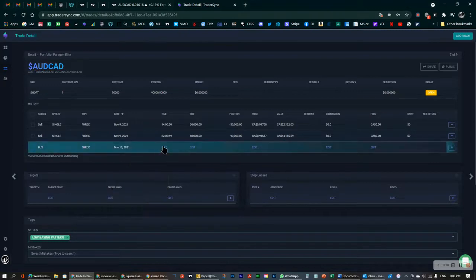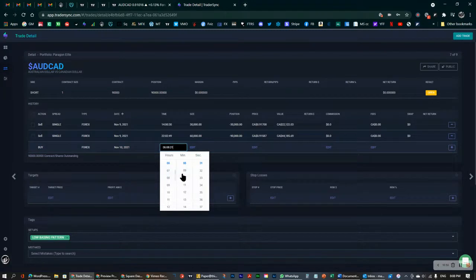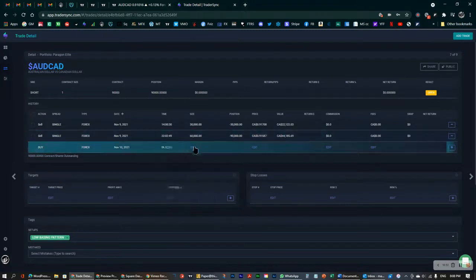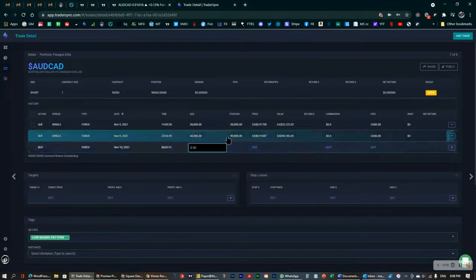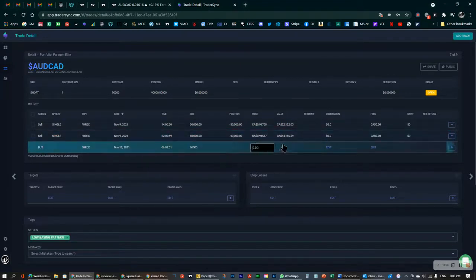That's on the 10th, and that was at 0600. Anytime around there's fine. Now make sure you account for, this will show your net position. So we did 30, we did 60, so we're short 90. So we have to buy back 90. And then the price was 0.91542. Right. Zeros in for these.